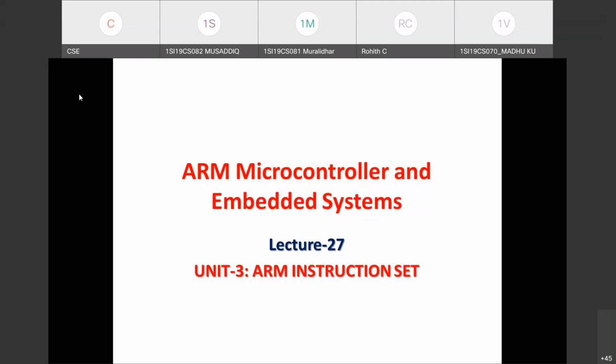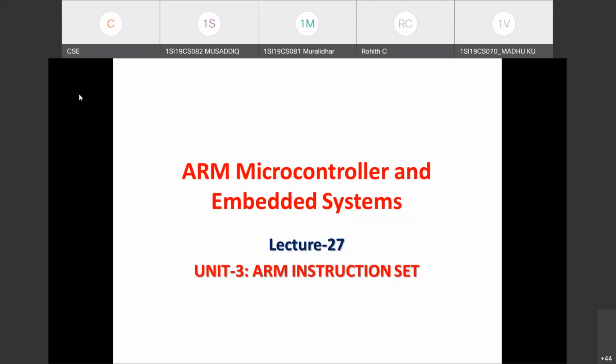Okay. So in today's class, we'll be discussing stack operation, which makes use of multiple register transfer load store instructions. And try to recall the addressing modes we had discussed on multiple register transfer. The four addressing modes which you can use are increment after, increment before, decrement after, and decrement before. So these are the four addressing modes we had listed.